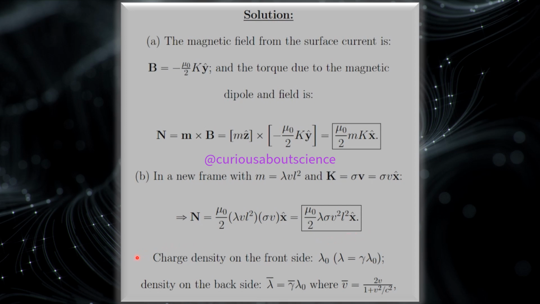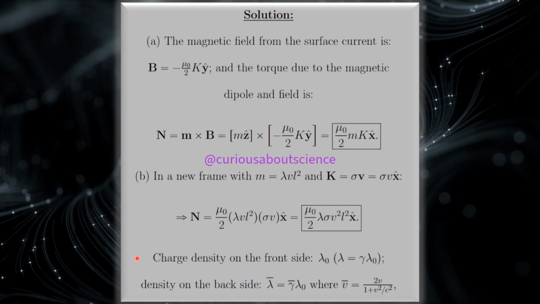Here's where things start getting tricky: we have to go back to what actually got contracted in the moving frame based on the Lorentz transformation rules. So the charge density on the front side, lambda naught, gives us lambda equal gamma lambda naught.